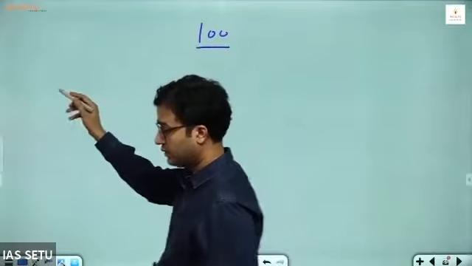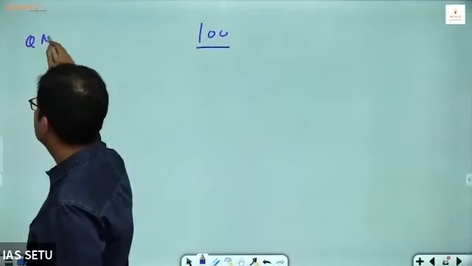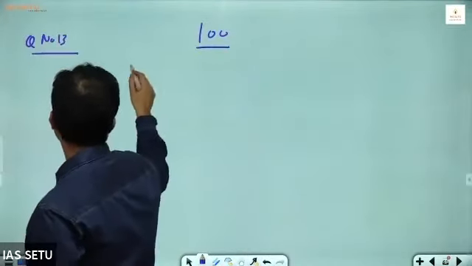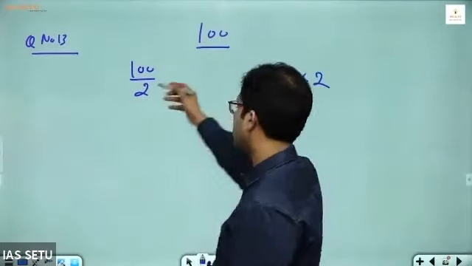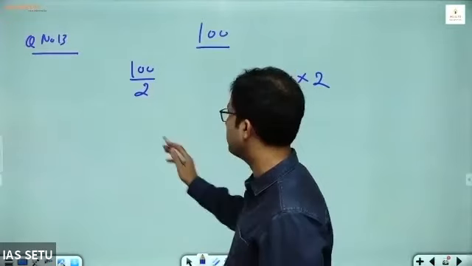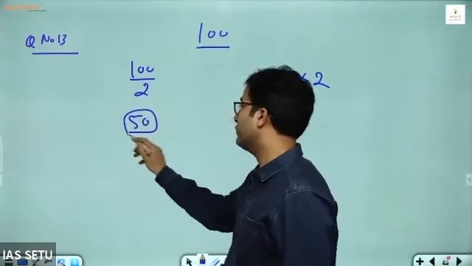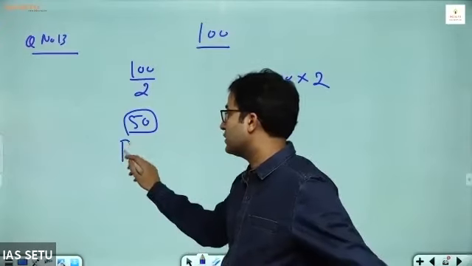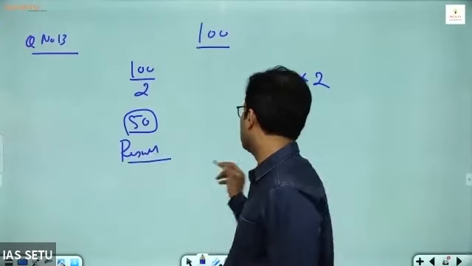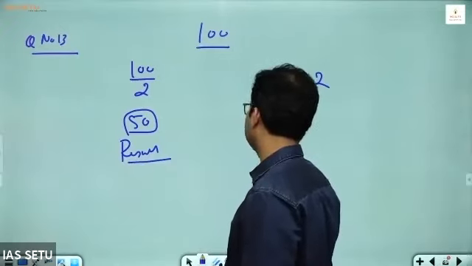Question number 13: the posting number is divided by 2 instead of being multiplied by 2. So we divided by 2 instead of multiplying, and we got 50 instead of 200. What we get is the result, and what we were supposed to get is the required correct value.